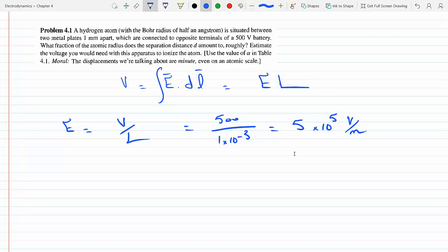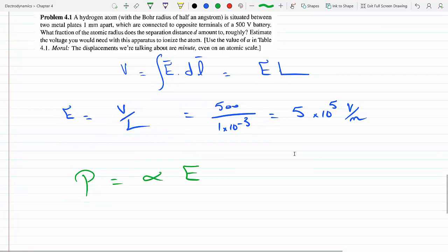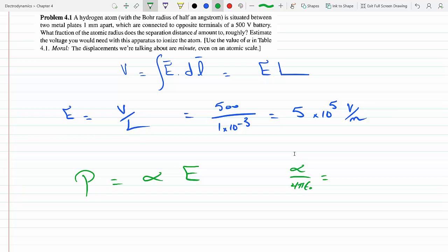Okay, and from the electric field now, I know that the dipole moment is equal to alpha E. Since we're talking about a hydrogen atom, experimentally it's determined from Table 1 on page 168 of the newer edition that alpha over 4 pi epsilon naught is 0.667 times 10 to the minus 30.